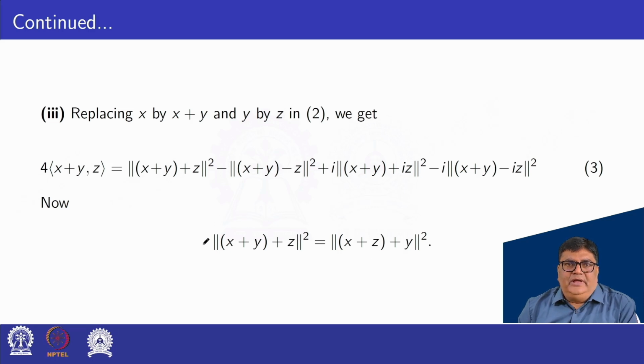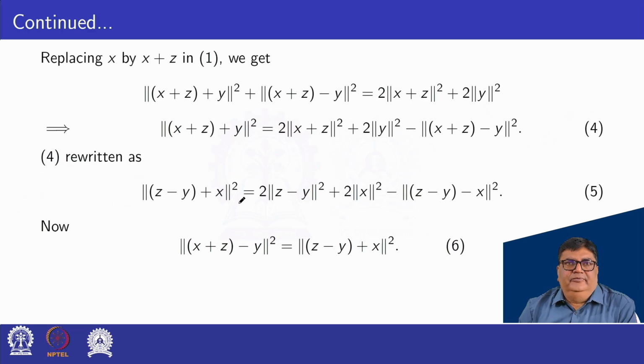Now, square of the norm x plus y plus z can be written as square of the norm x plus z plus y. So there is no change. We can write this. Replacing x by x plus z in equation 1, we get square of the norm x plus z plus y plus square of the norm x plus z minus y equal to 2 into square of the norm x plus z plus 2 into square of the norm y.